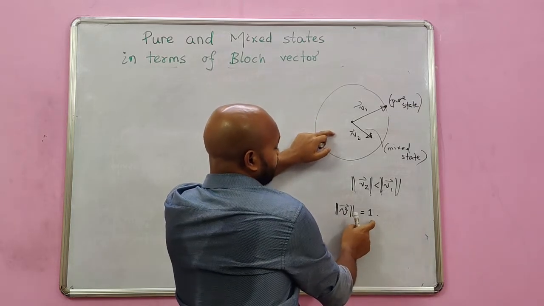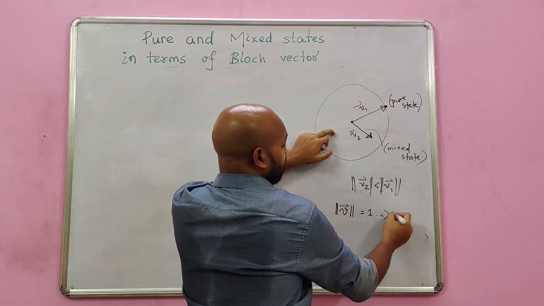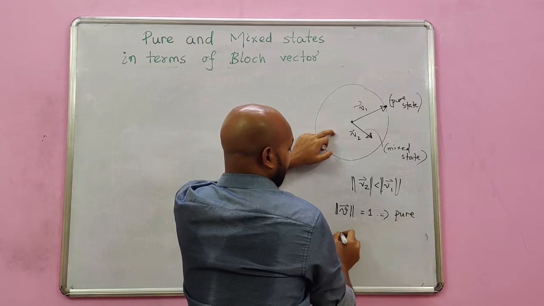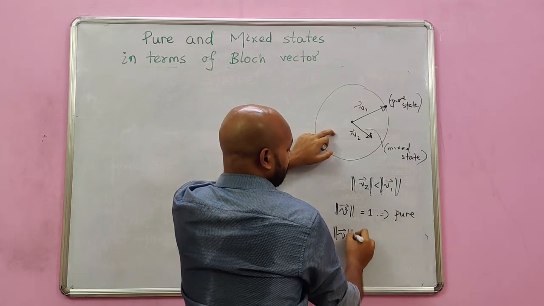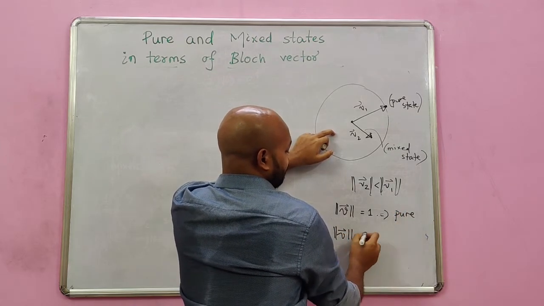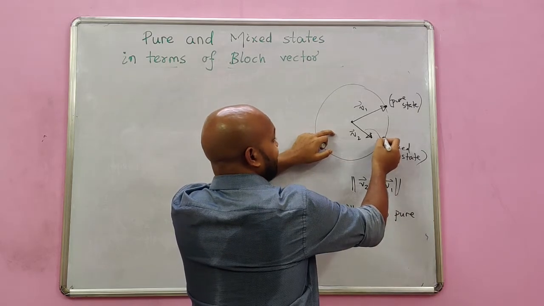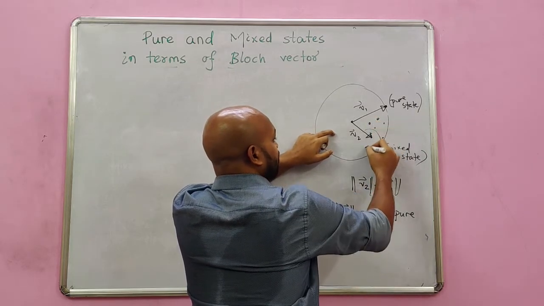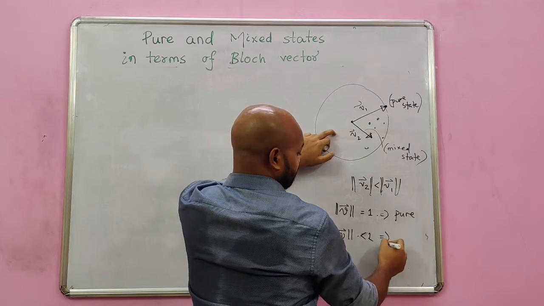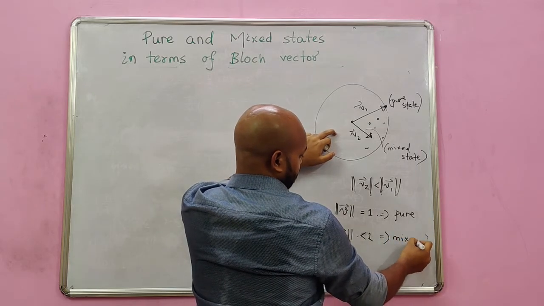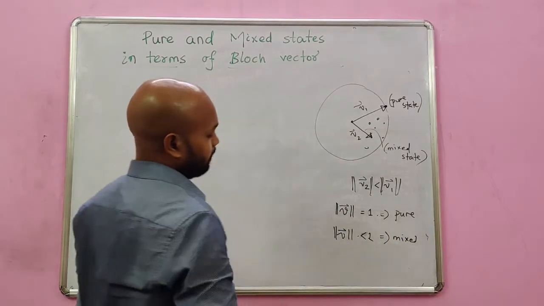So if the magnitude is 1, then it's a pure state, and if the magnitude of the Bloch vector is less than 1, so the point is inside here somewhere, then it's a mixed state.